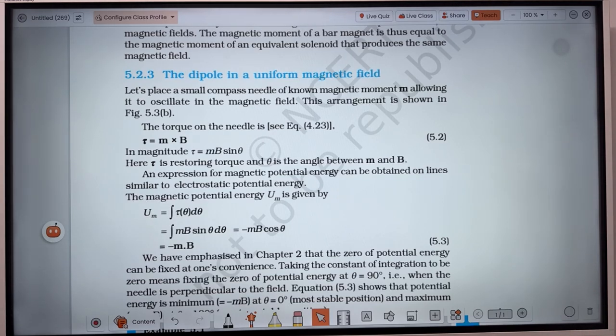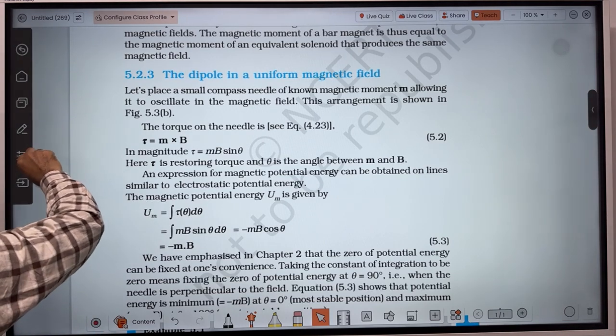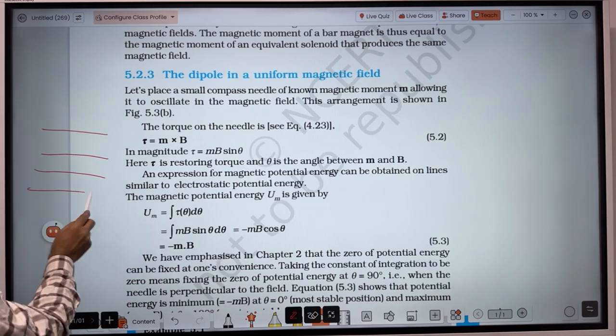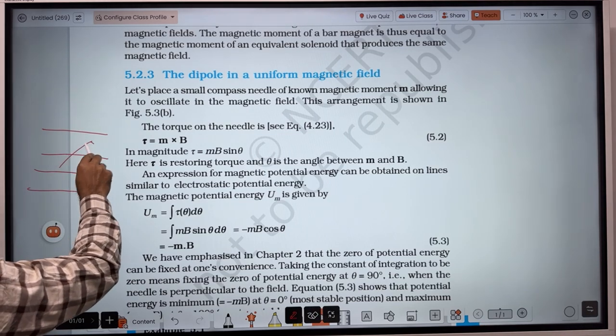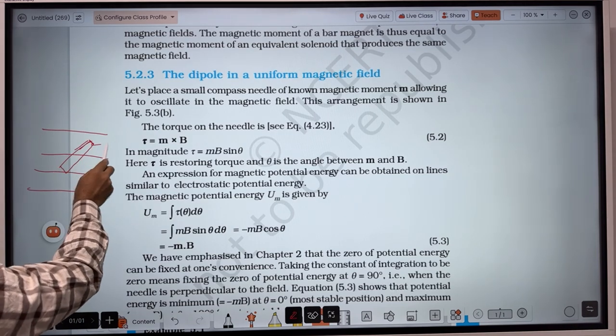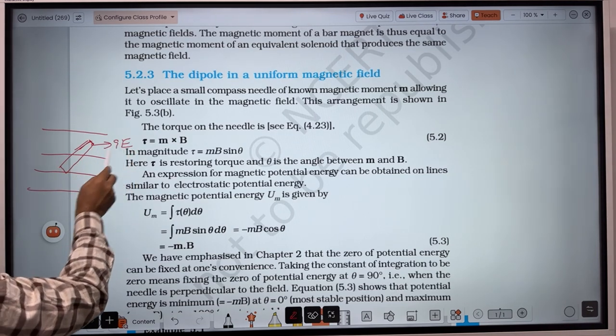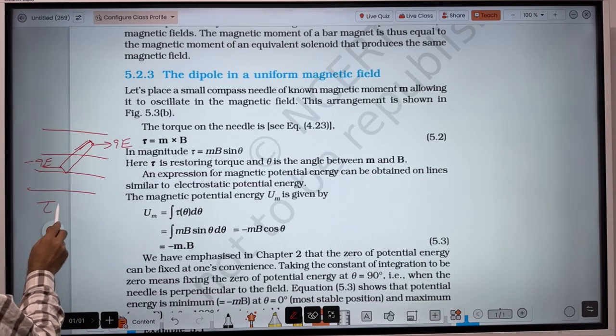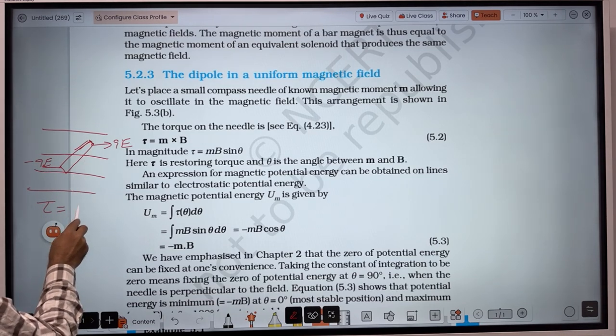There will be a torque, as we have seen in case of electricity. Suppose this is the direction of a uniform electric field, and if you put an electric dipole here, then one force QE will act in this direction, minus QE in this direction. Then we find torque equal to force into perpendicular distance.